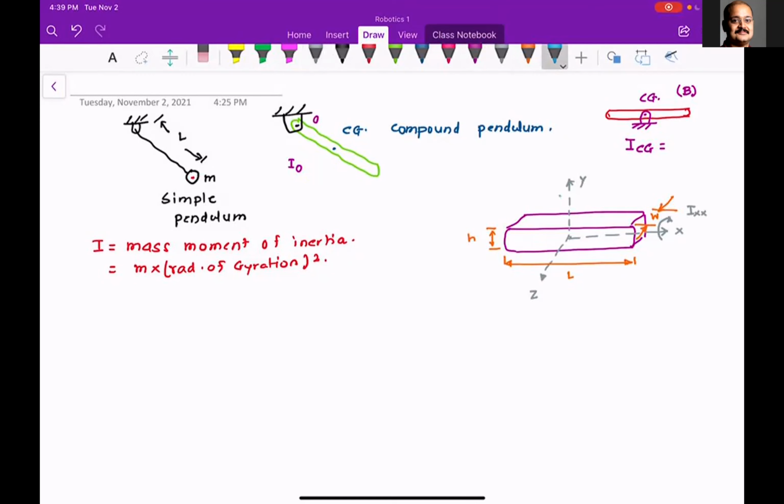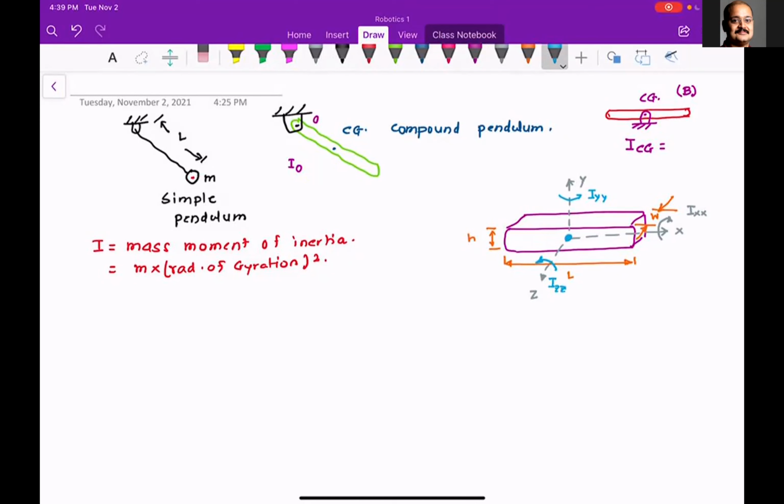This slender rod can rotate about Y. So the mass moment of inertia about the Y axis is IYY, and it can rotate about Z, and the mass moment of inertia of rotation about Z axis is IZZ. But the most important point is, this rod is rotating about CG. And this is a very important point, and I want to demonstrate it.